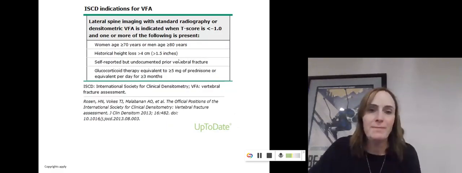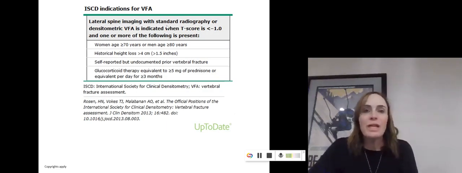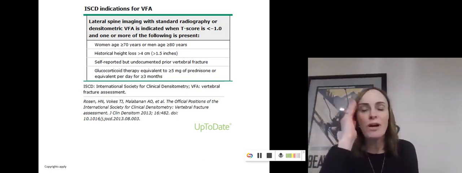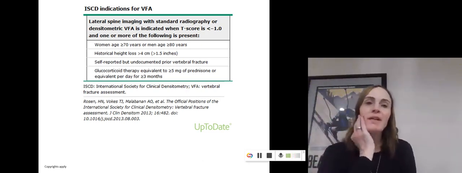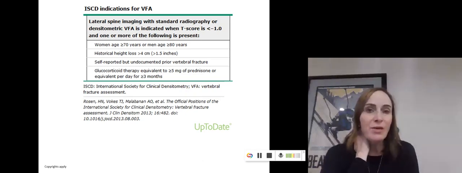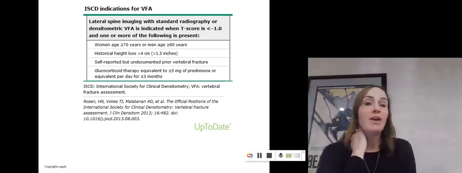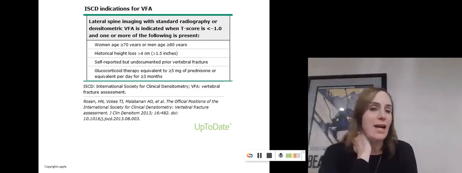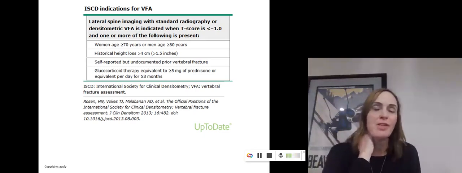So indications for a vertebral fracture assessment, typically they say ask for one in women that are over 70 years old or men that are over 80 who are complaining of height loss or you have noticed height loss. It's very important with osteoporosis patients that you get a height every time they come in.